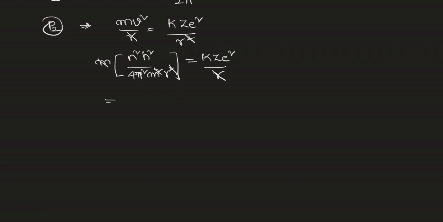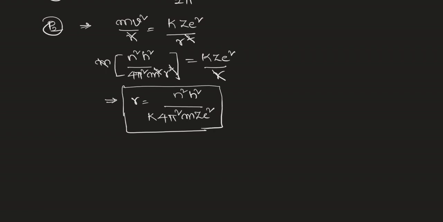We can rearrange for r. r will be equal to n square h square by 4 pi square m z e square. So this is our general expression, and we'll have k also, this Coulomb constant.